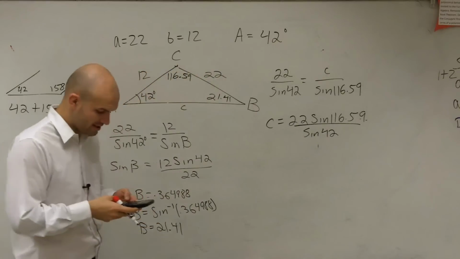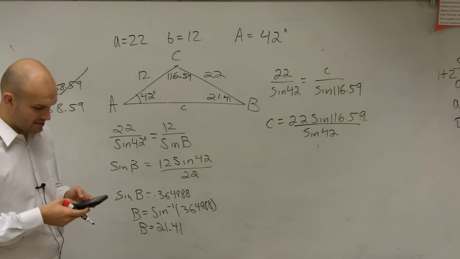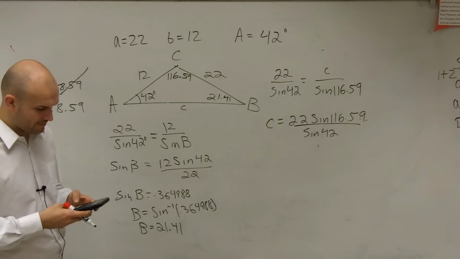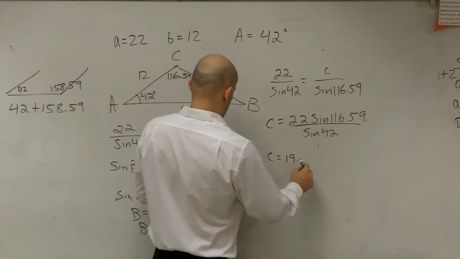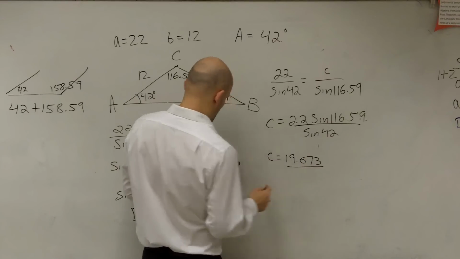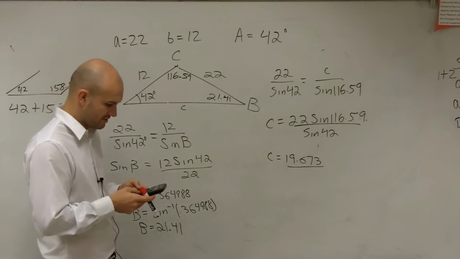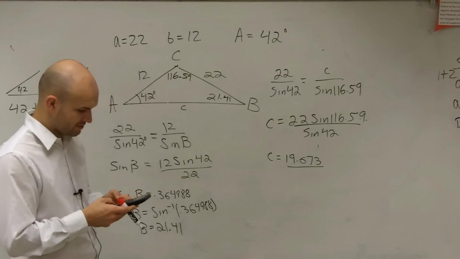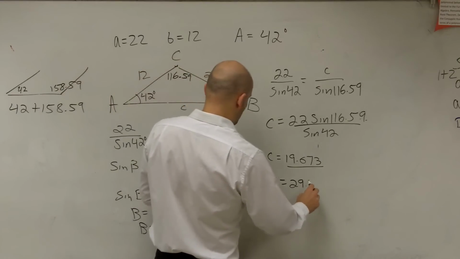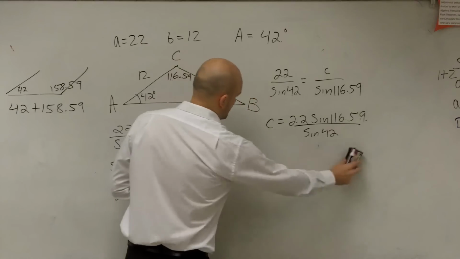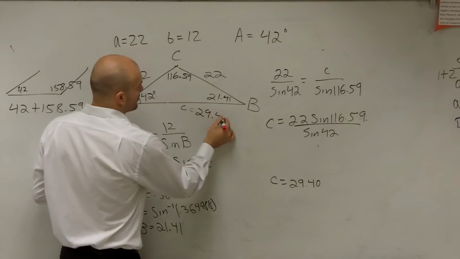So now we'll plug that in. 116.59 sine times 22, that's 19.673, divided by 42 sine. And I'm getting C is going to equal 29.40. I don't really like working with this calculator, but you can see C equals 29.40.